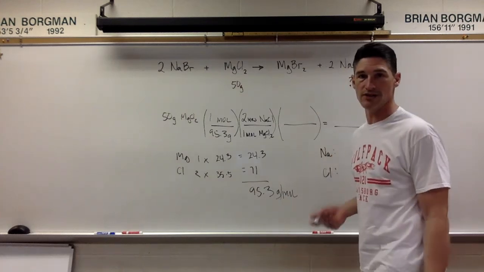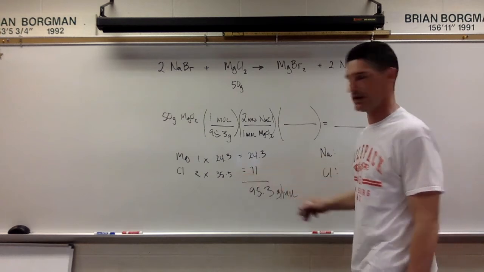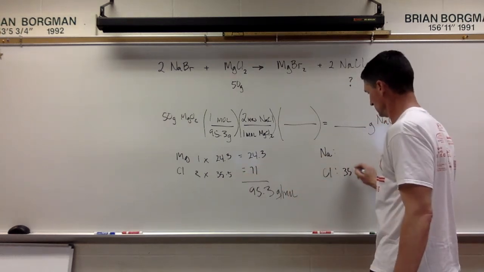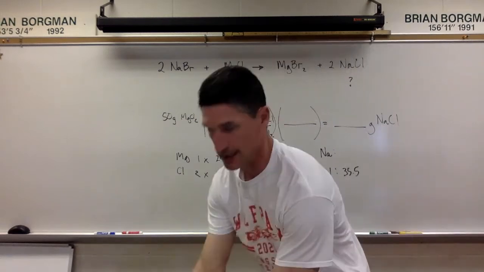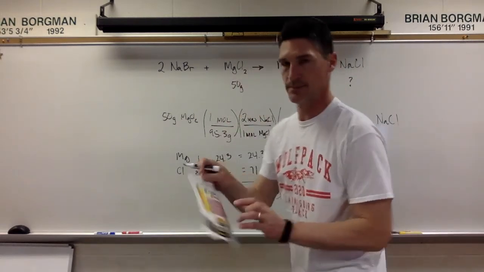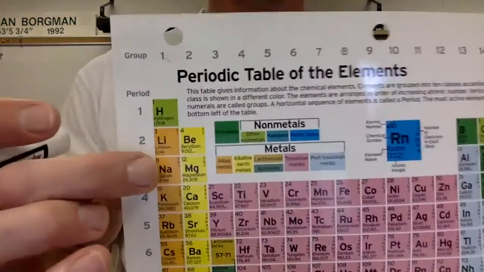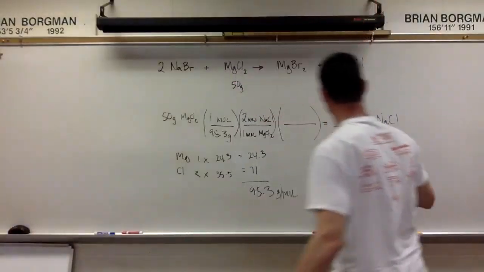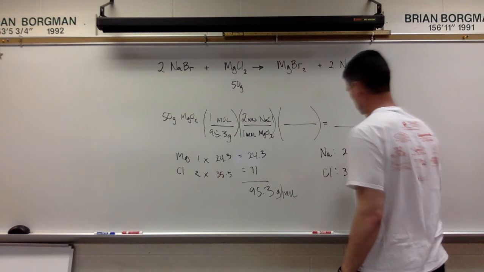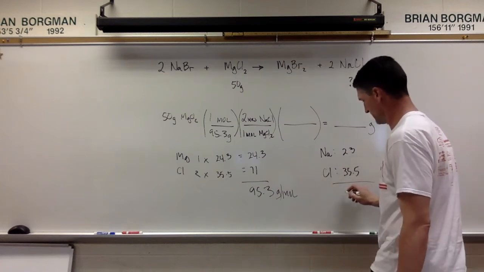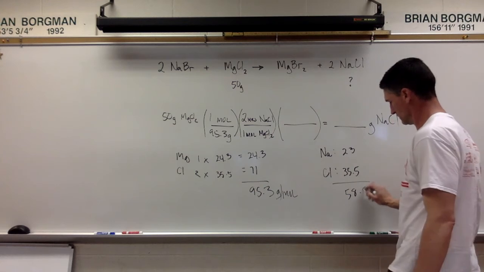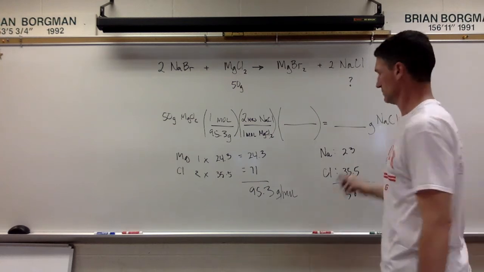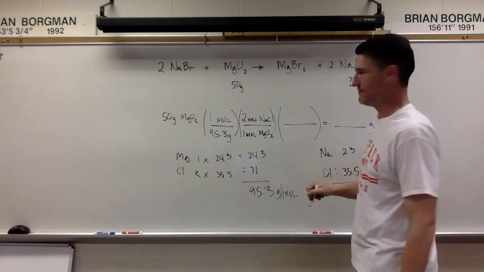We know chlorine is 35.5 because we just found it over here. There's only 1 of them in the NaCl, so I don't have to worry about multiplying it. Sodium's mass is 22.99, so we're going to round that to 23. Add these up: 58.8. I'm going to multiply by the molar mass now.